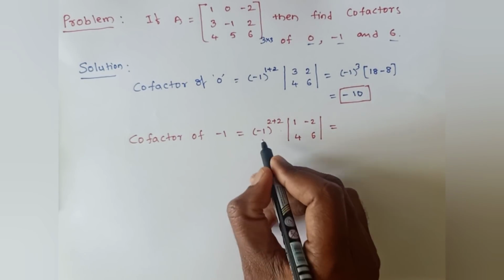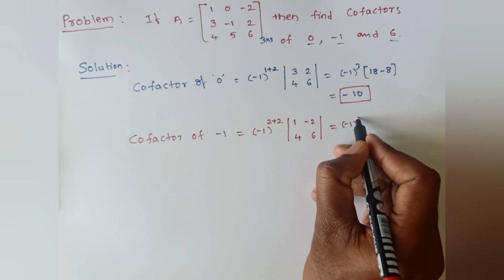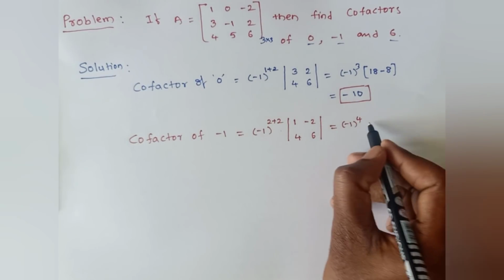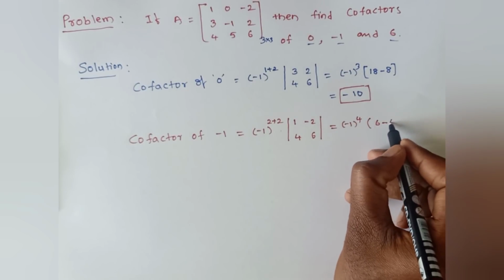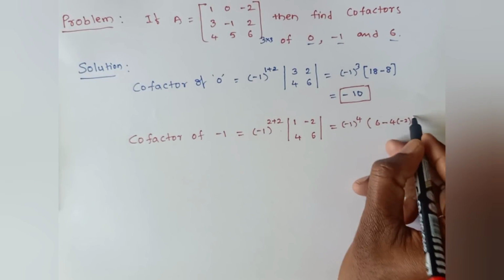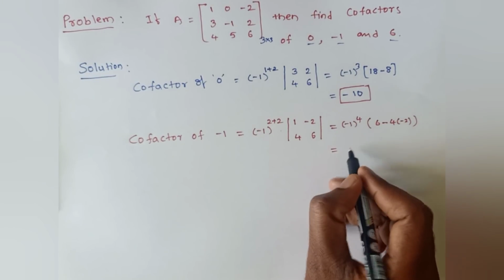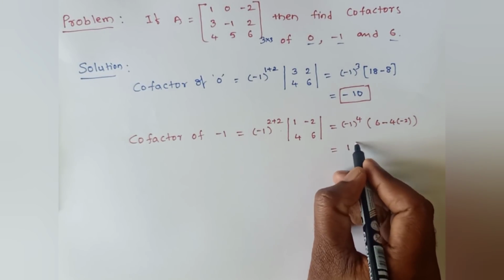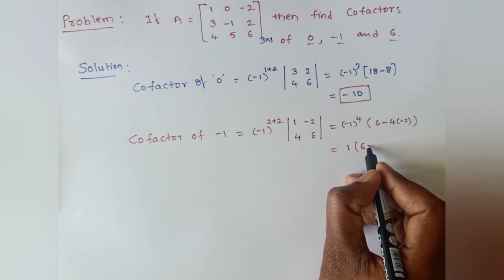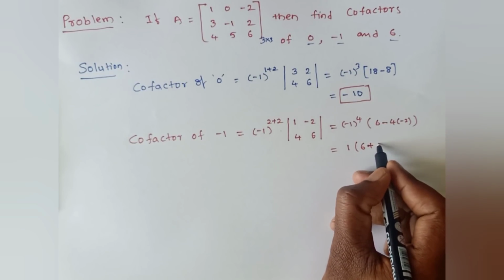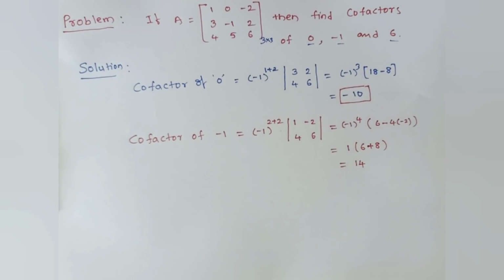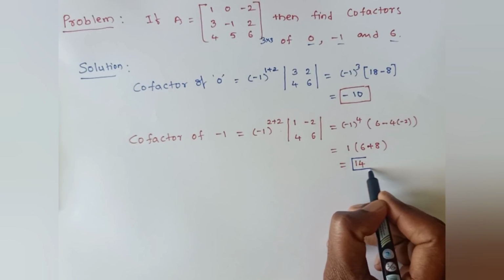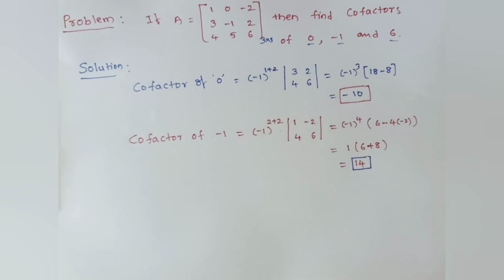So it is minus 1 to the power of 4 into the determinant, which is 1 into 6, 6, minus 4 into minus 2. Minus 1 to the power of 4 is plus 1, into 6 plus 4 into 2, 8. So this is equal to 14. So the cofactor of minus 1 is 14.